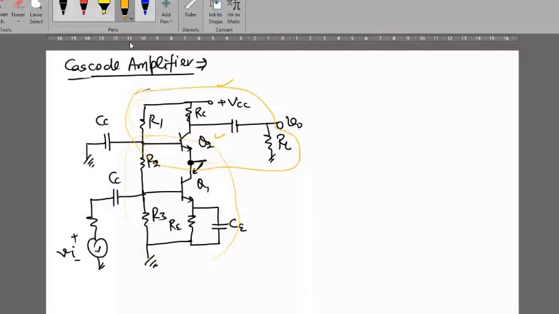You will study this, don't worry. And so you can study the equations. Okay, we'll go for small signal analysis. After all, this is a multi-stage amplifier.